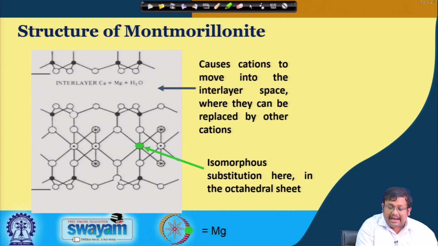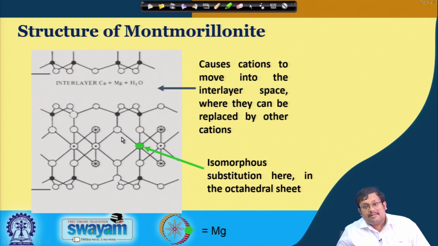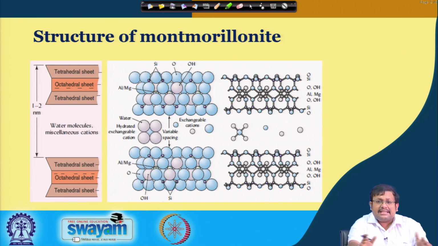As a result of that, there is a high space in between, and it causes cations to move into the interlayer space where they can be replaced by other cations. So, this is the reason that this montmorillonite shows high swell and shrink property. So, this is in detail about the structure of montmorillonite.